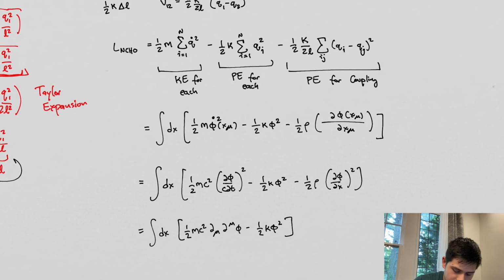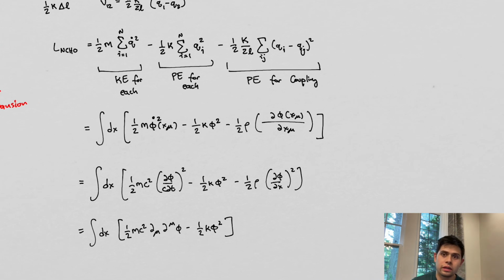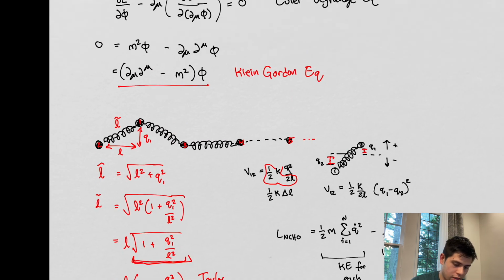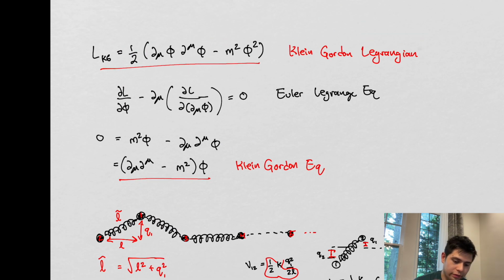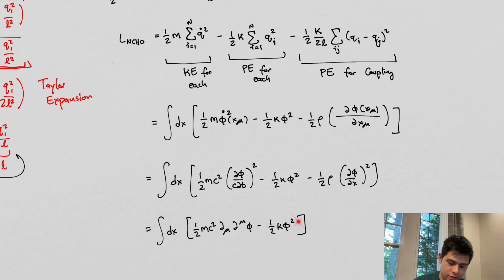And what does this look like? This looks like the exact equation that we had come up with when we simply did the Euler-Lagrange equations from this Lagrangian. So this was our Lagrangian, and we came to here. Well, this looks exactly like this.